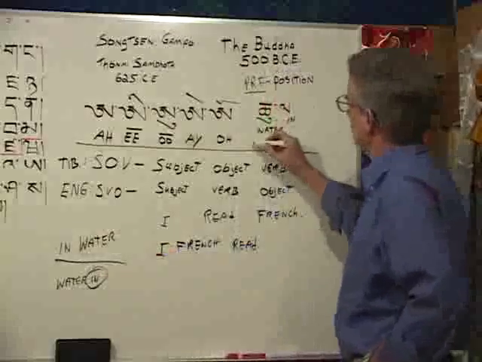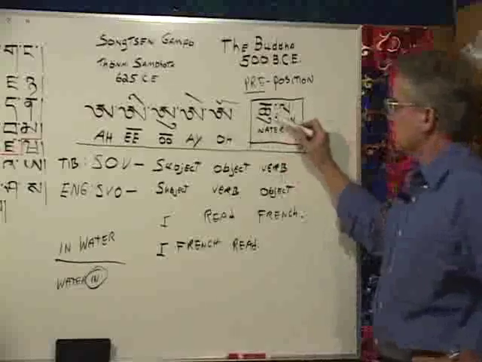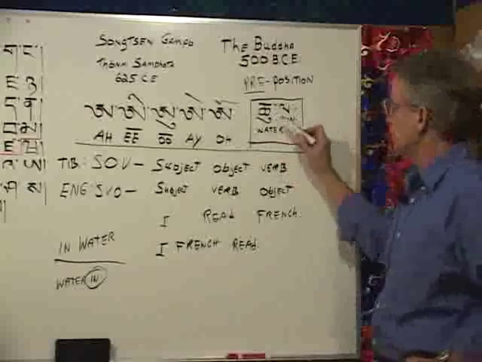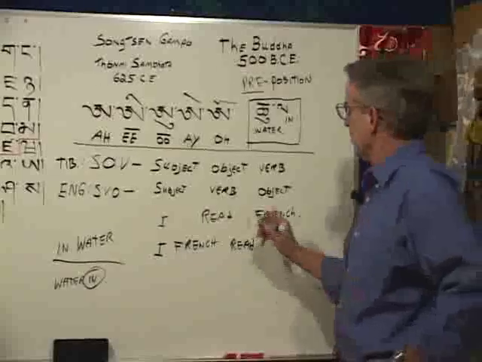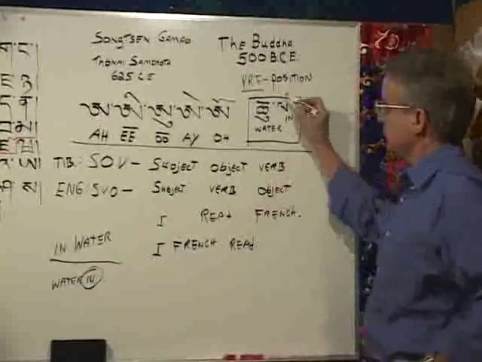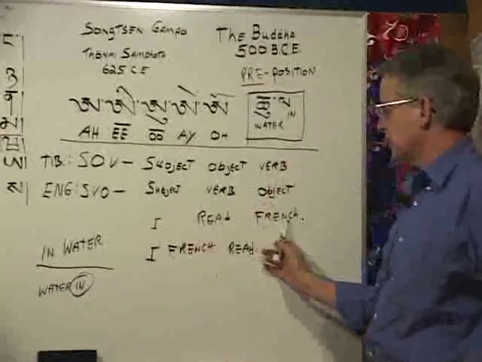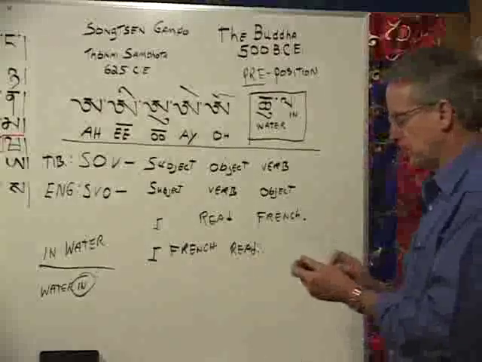So here, chu, water, la, in. So chu la, in the water. So this is an aspect of Tibetan that's different from English. Here's another. I read French in English, but Tibetan would say I, French, read.